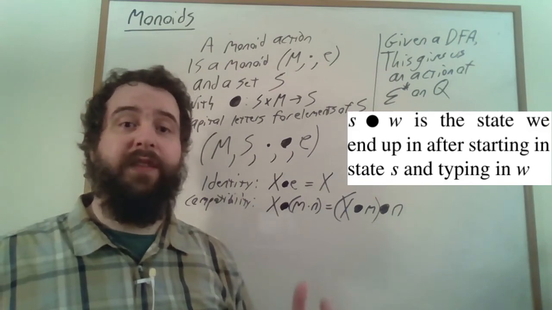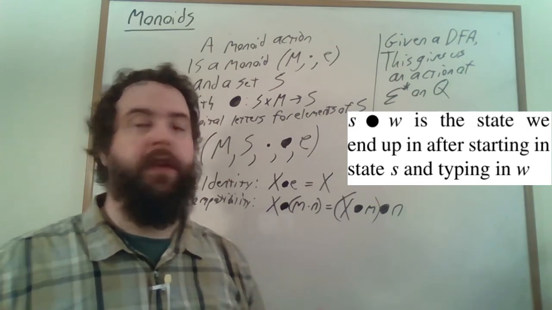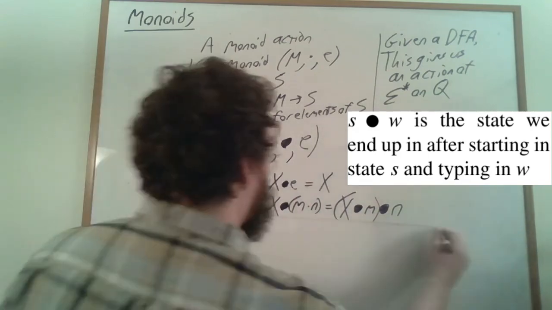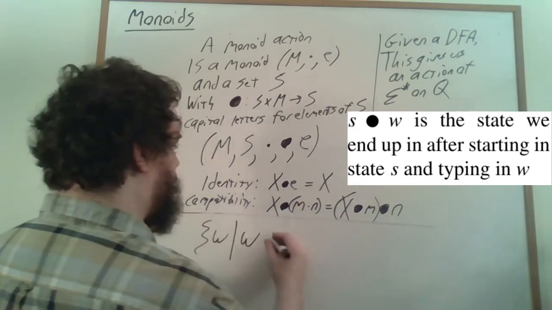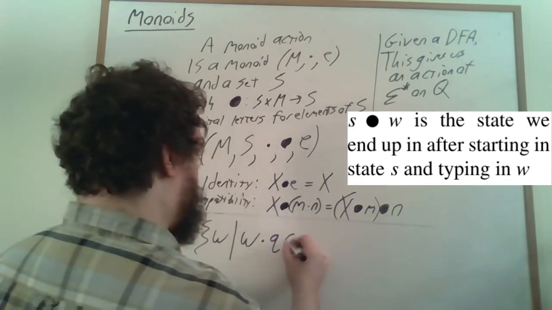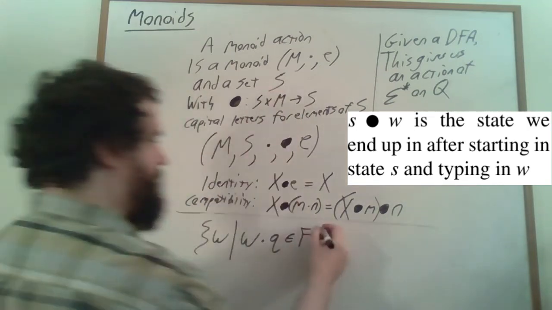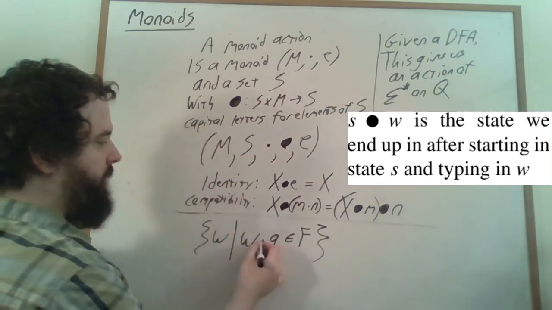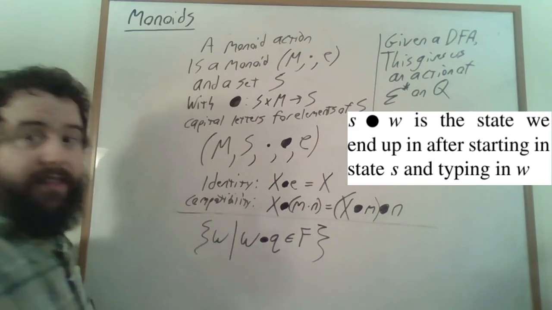So far in this series of videos, we've been really interested in finding lots of different ways of characterizing the regular languages. And in this sort of notation, we can describe the regular languages as the set of all words such that that word applied to some specific element of a set is in some subset of that set, for some monoid action of sigma star on this finite set of states.